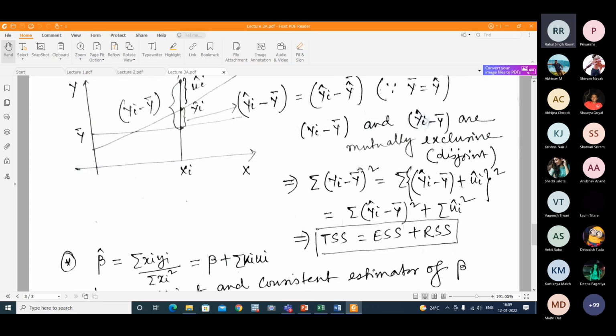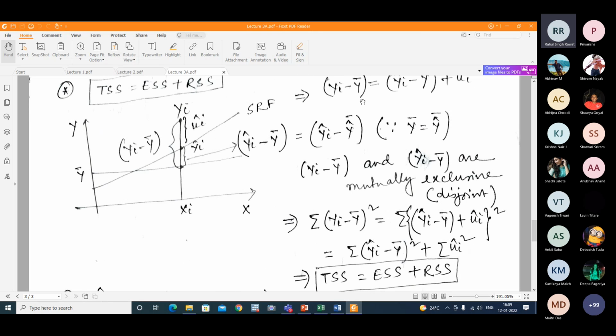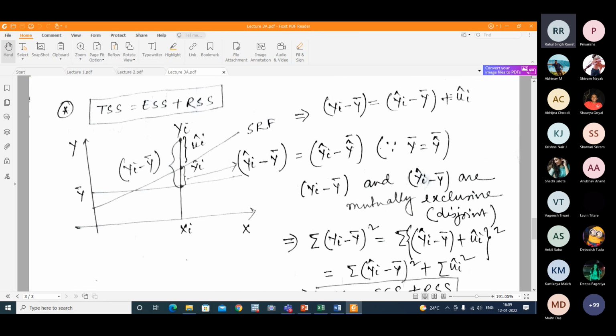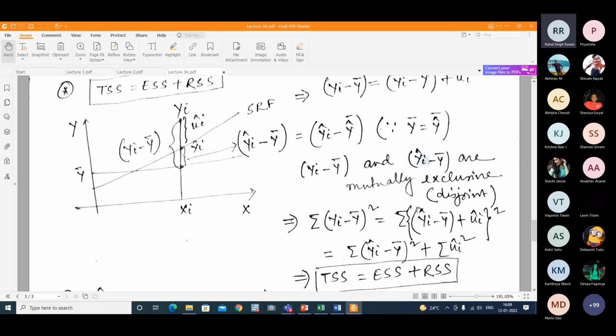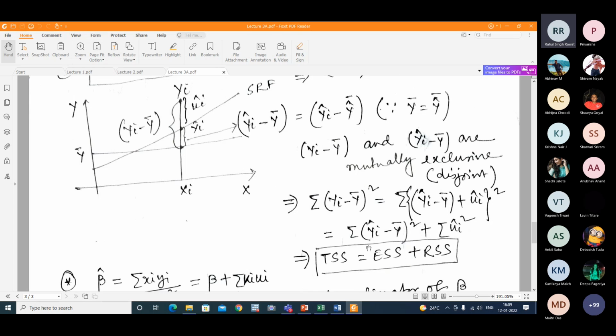Now, if I just take square of both the sides and then summation, then what am I getting?